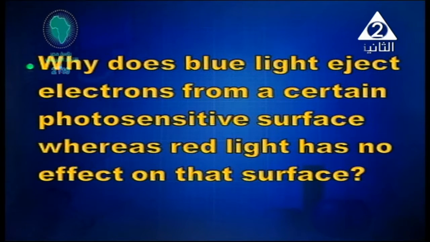Why does blue light eject electrons from a certain photosensitive surface, whereas red light has no effect on that surface? So we've got a photosensitive surface, and blue light is allowed to fall on it. Then red is allowed to fall on this surface. But something happened. Blue light managed to extract electrons from this surface, meanwhile red didn't.